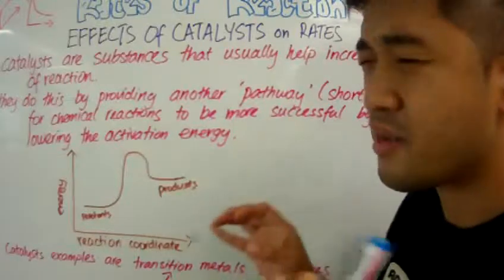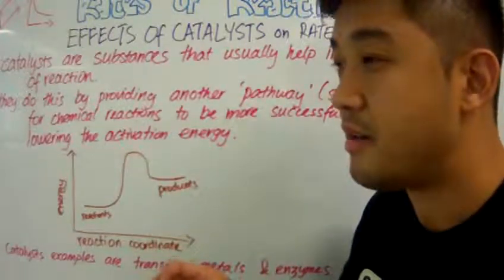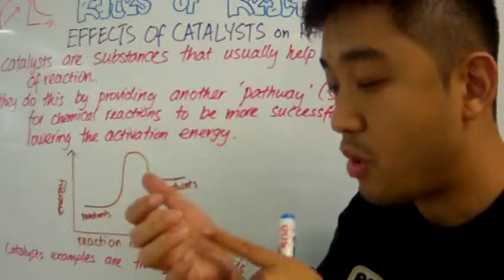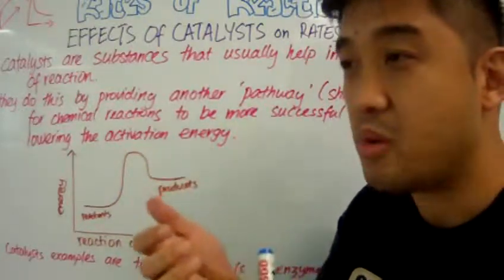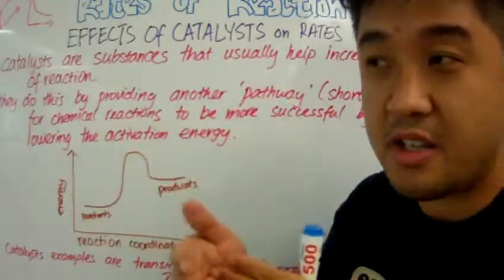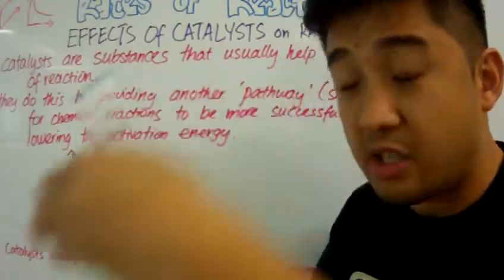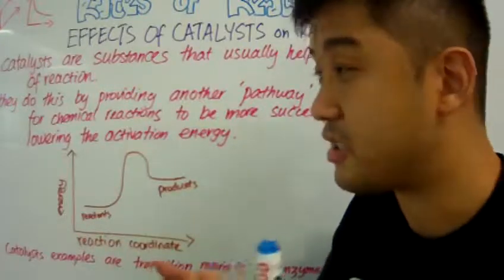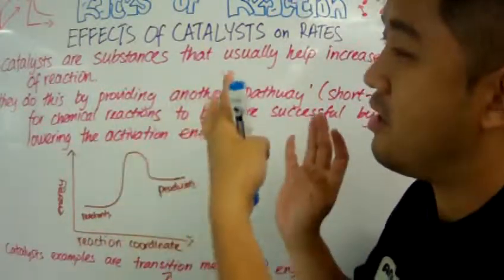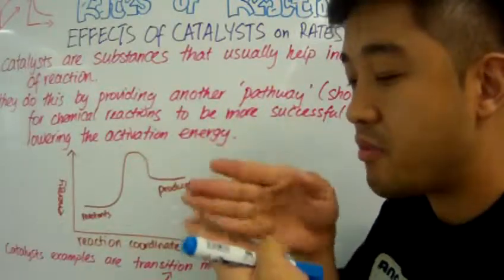All right? Think of catalysts as your Waze app that you have when you drive, and Waze app will help you divert yourself away from traffic jams, find shortcuts to get to your destination at a faster time. And so this is kind of like what that is. You know, they allow us to find shortcuts.